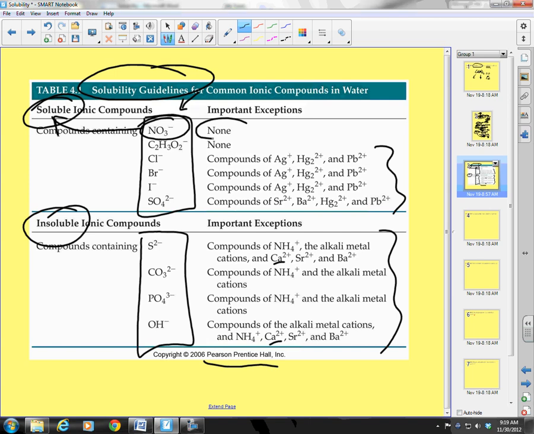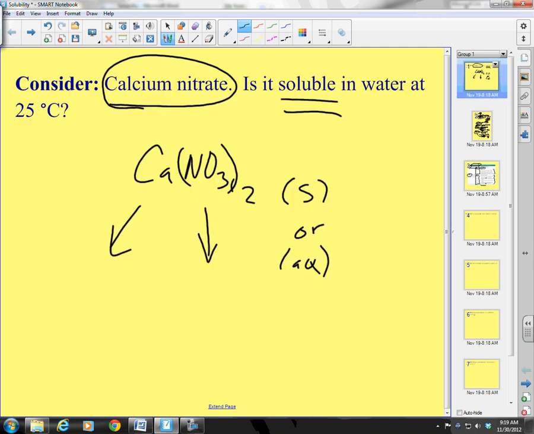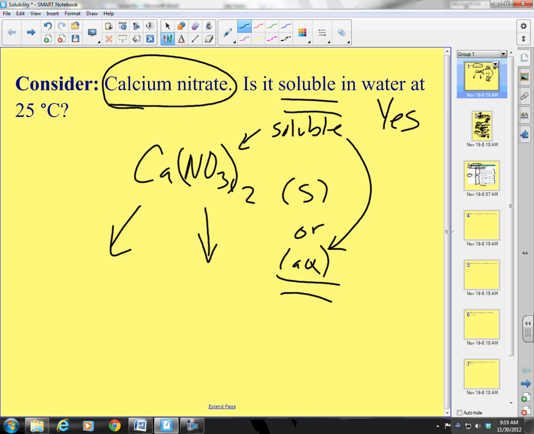Are there any exceptions? None, which means anything that has nitrate in it is soluble. So that means this is soluble, and if water is present, it's going to form an aqueous solution. So the answer to whether it is soluble in water is yes. And so I would write it, if water is present, not that way, how about this way?